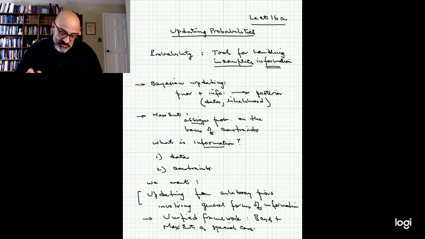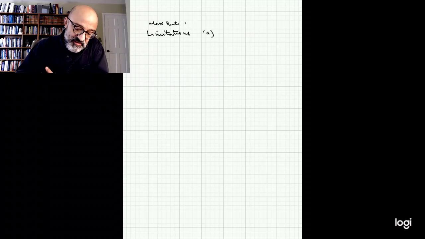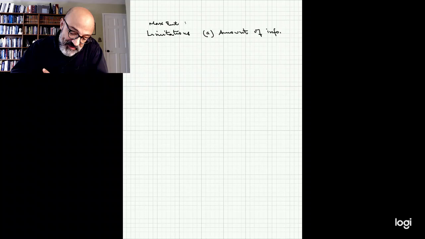So now, let us continue here. When we have the maximum entropy method, we saw that there were limitations. Entropy was defined as measuring an amount of information, and that was tricky because it wasn't very obvious what you were measuring an amount of.